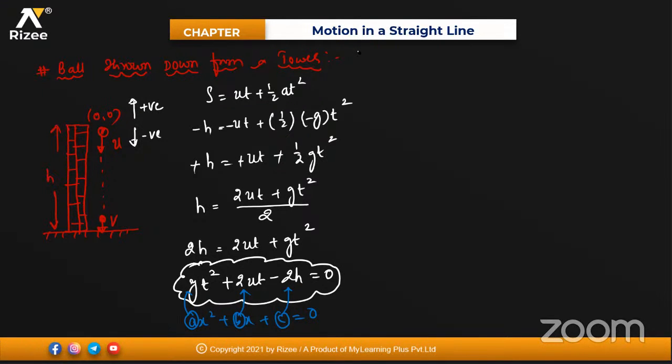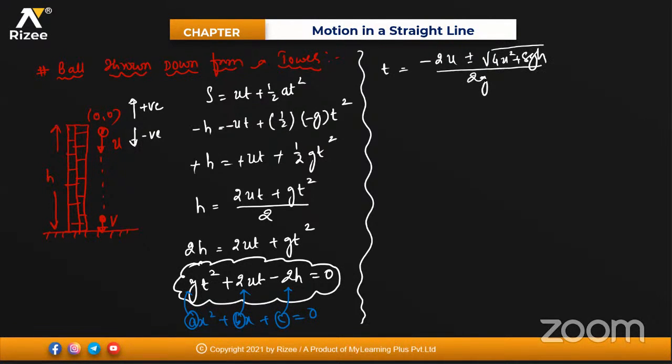Sure. If I simplify this, so time will be equal to how much, beta? T equals minus 2u plus or minus under root of 4u squared plus 8gh, divided by 2g.